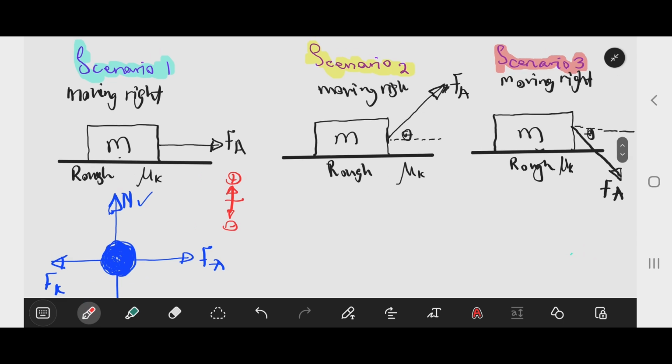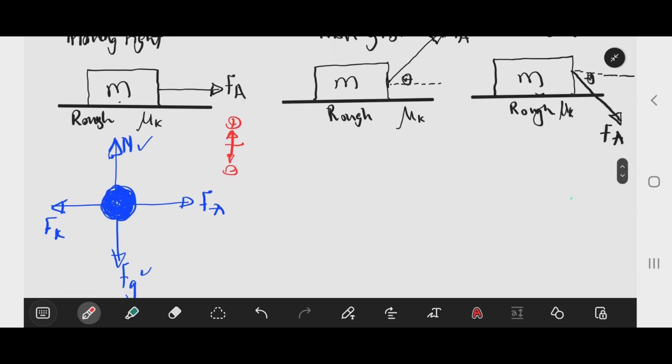So step number one, you separate. There is no need to separate because there's only one object. Step number two, you draw a free body diagram. So let us draw the free body diagram for this object. So we will have our gravitational force, since we have mass, pointing downwards, okay? And then we will have our normal force, right?